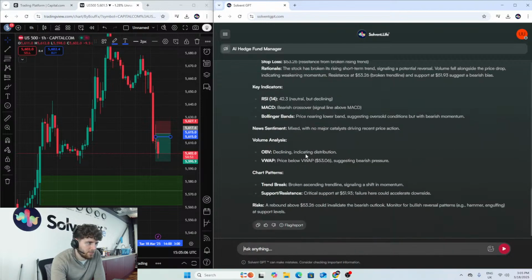Its news sentiment is mixed, with no major catalysts driving the recent price action. And their trend break, broken ascending trend line, signaling a shift in momentum. So a rebound above the current price would invalidate this recommendation, and it's telling us to monitor for bullish reversal patterns.